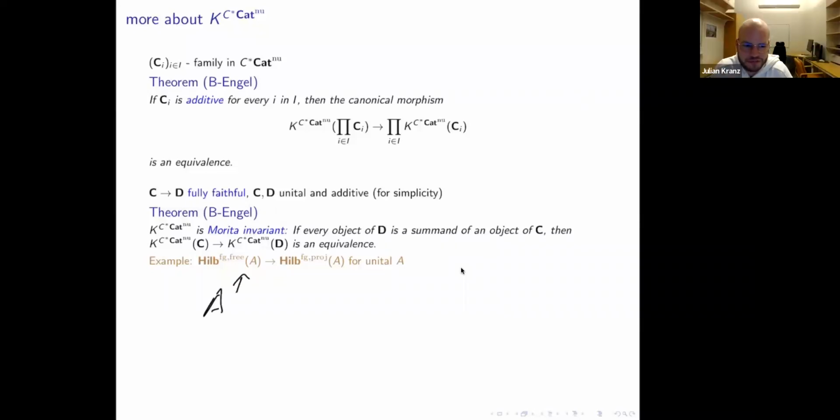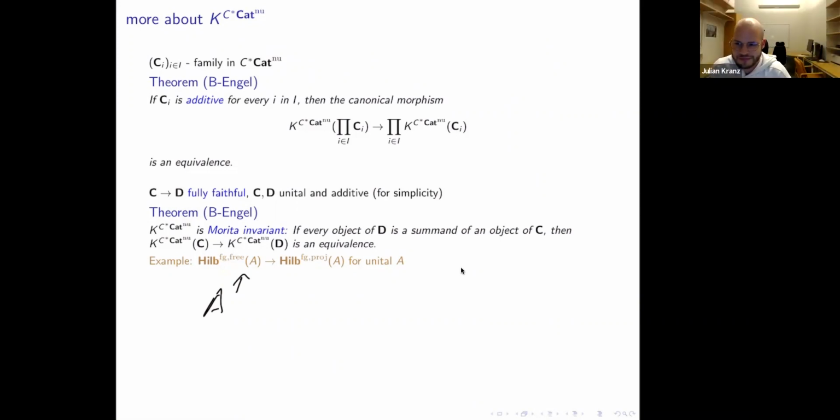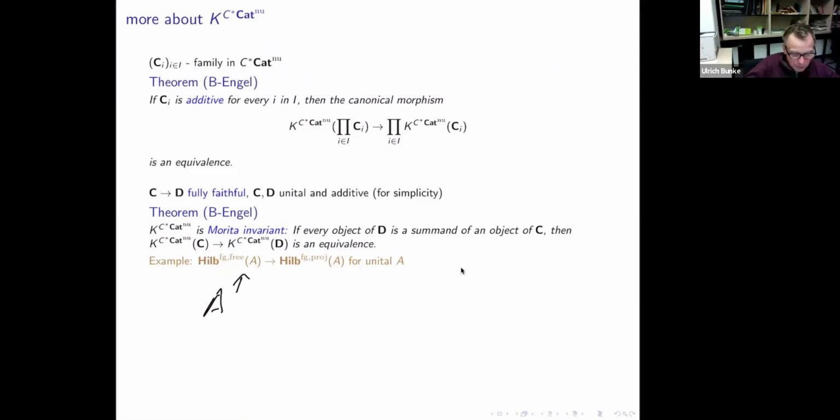But are you saying that this category of Hilbert modules is Morita equivalent to A in the end? No, I say that A is Morita equivalent to this category. What I used here is, I only wanted to state Morita equivalences for additive categories.